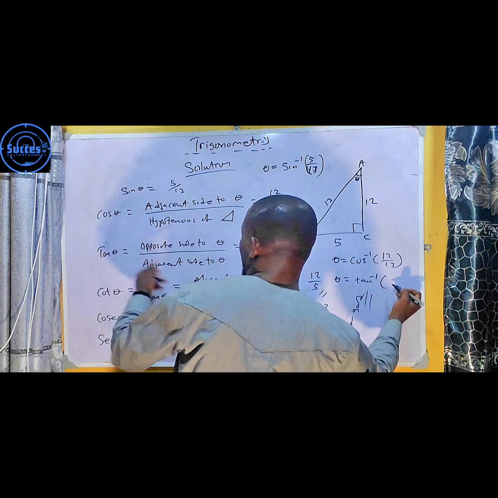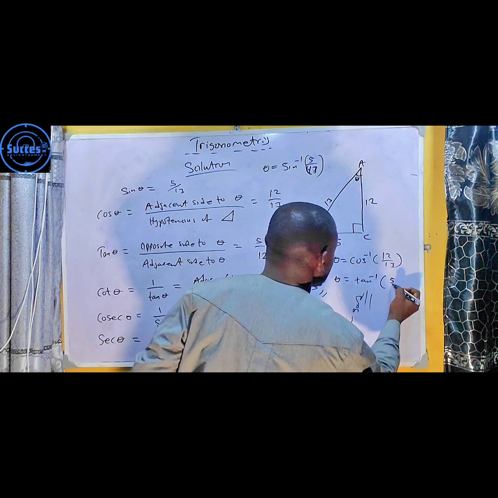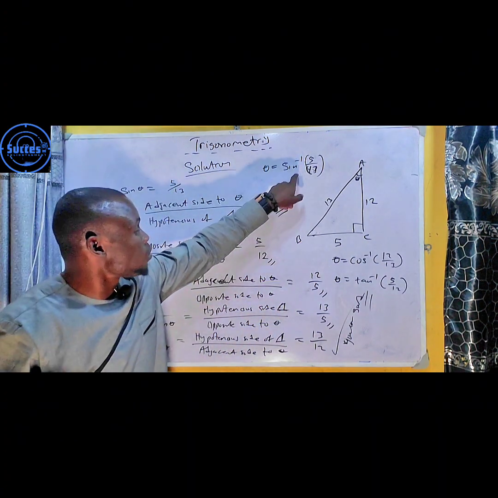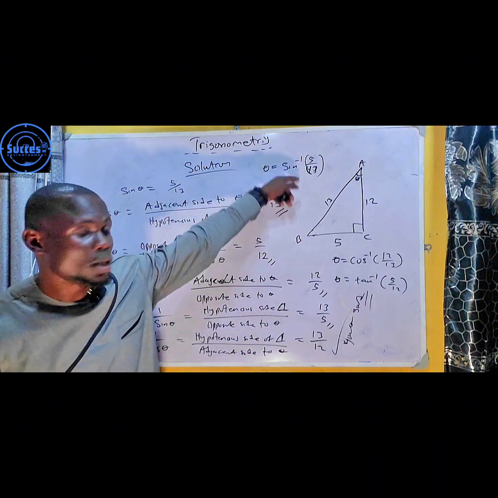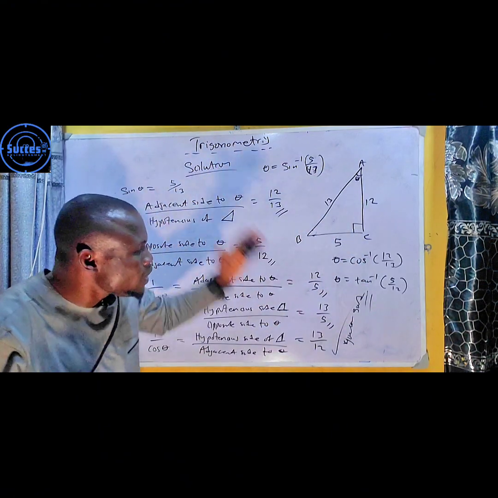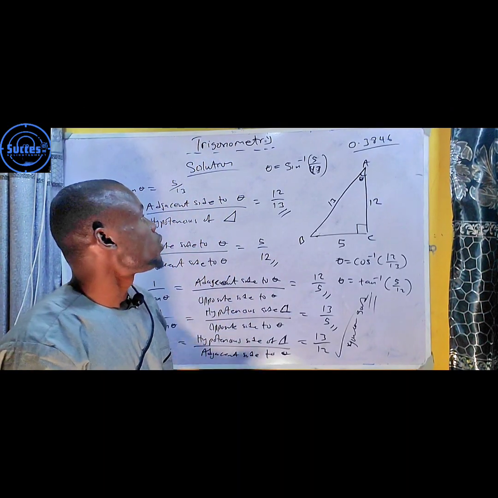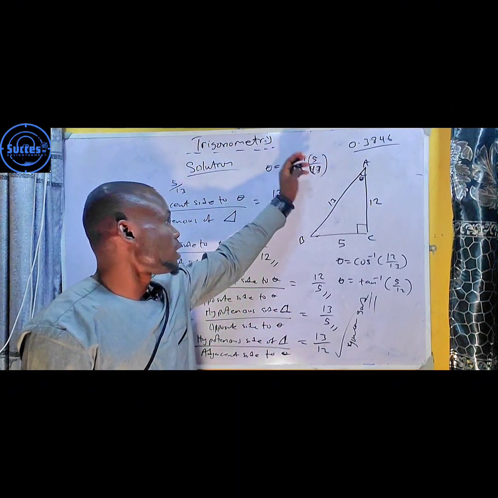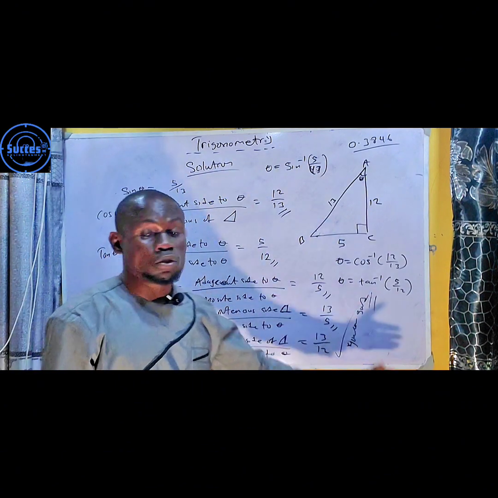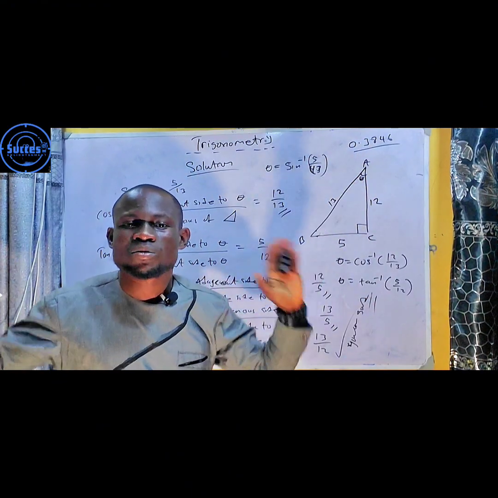Theta will be arc tan 5 over 12. It's as simple as that. Whatever you get pressing shift and sine, shift and cos, or shift and tan, will all be equal to the same thing. So all you simply do is shift sine 5 over 13, shift cos 12 over 13. Whichever one you use there, you are going to find your theta, and it's as simple as that.